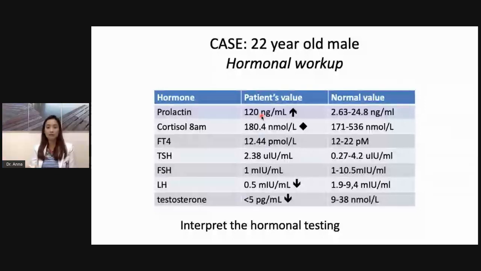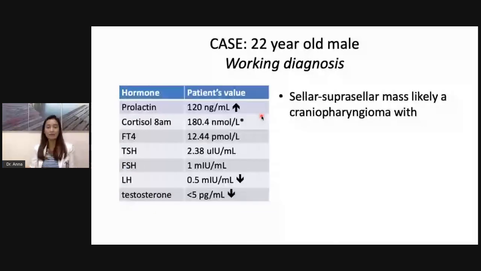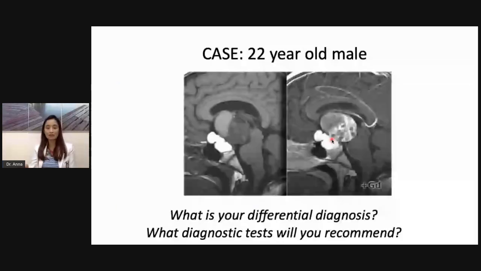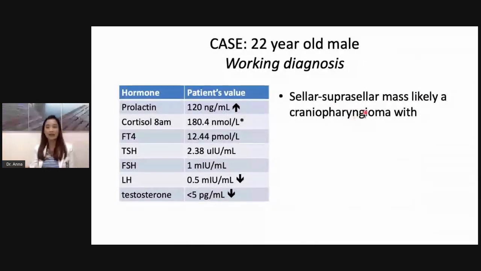Based on the imaging, this is a sellar suprasellar mass, involving both the sella and the suprasellar area. This is likely a craniopharyngioma, because of the appearance of the mass, with cystic lucencies inside. That's very characteristic of a craniopharyngioma. With secondary hypogonadism, meaning the pituitary is the origin of the hypogonadism.